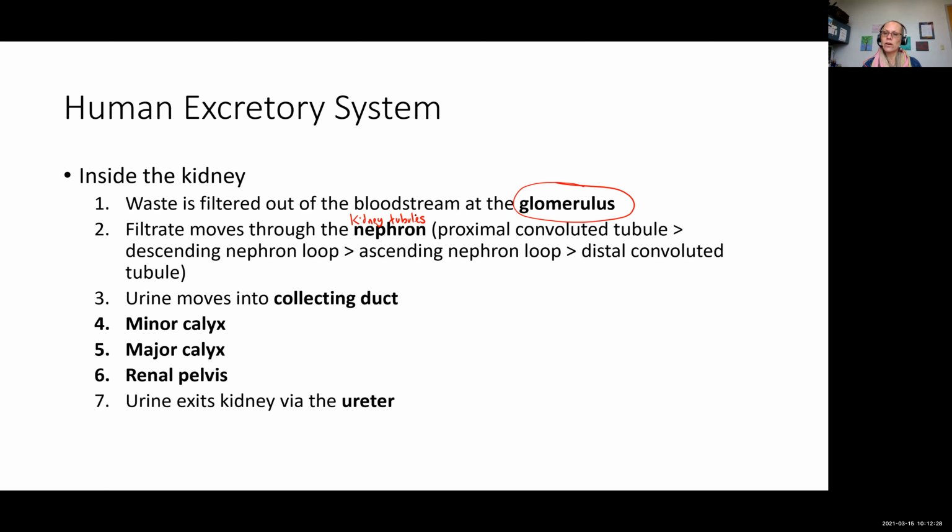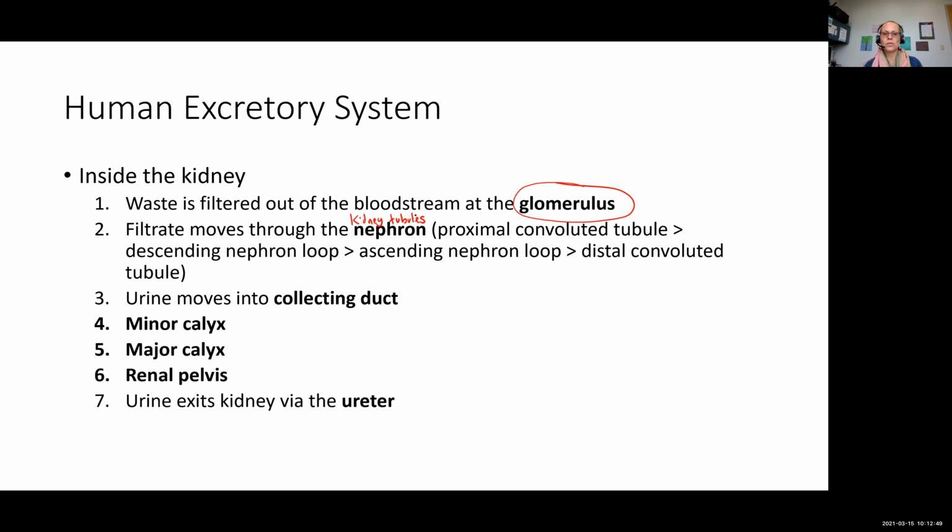Now the nephron itself is made up of different regions, and you have different actions taking place at each of those regions. So as the filtrate moves through the nephron, we'll see that it moves first through the proximal convoluted tubule.